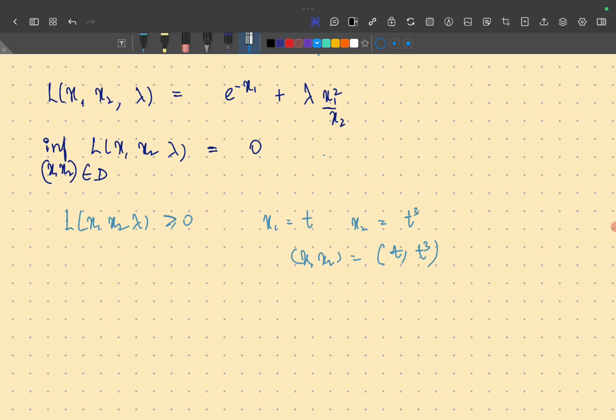Try and see whether you get 0 or not. All right. The point that I'm trying to make is about the infimum over all t greater than 0 of L of t cube lambda, versus the infimum over all x1 and x2 greater than 0.